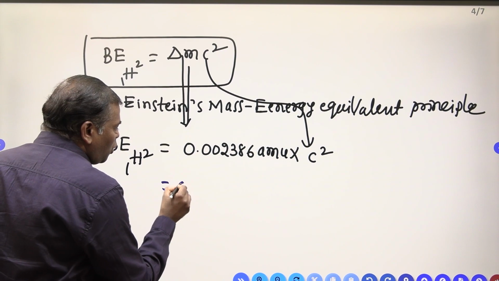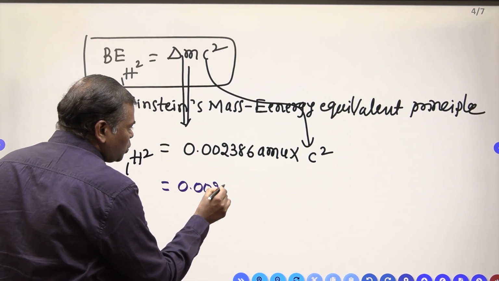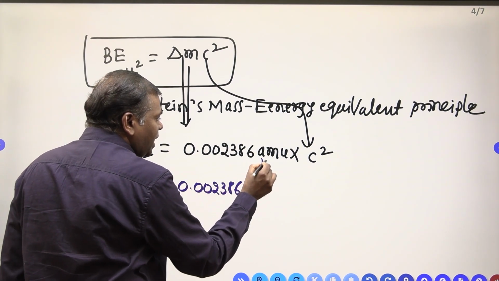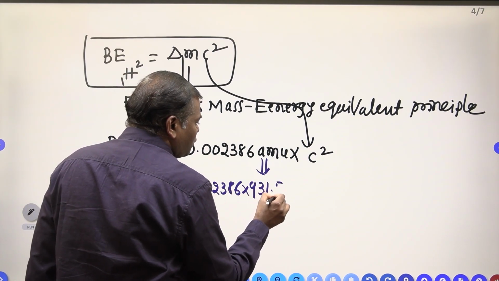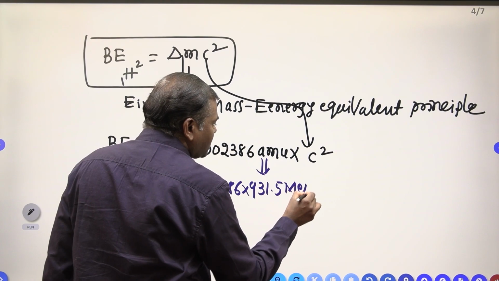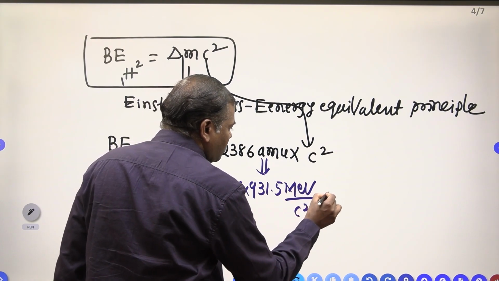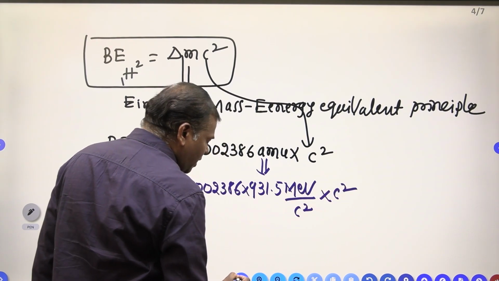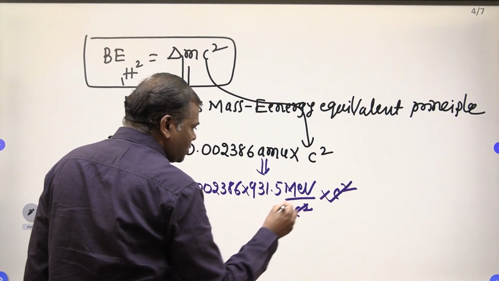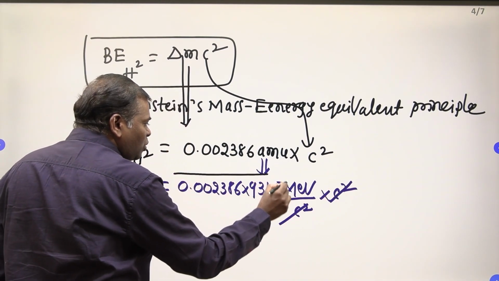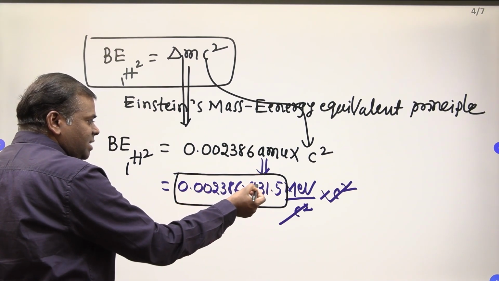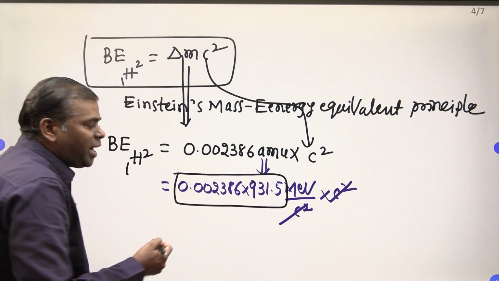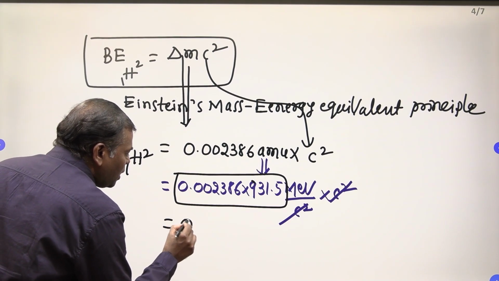Right? 0.002386, 1 AMU is equal to 931.5 mega electron volt divided by C square, into C square. You have to cancel C square into C square. You have to multiply 0.002386 into 931.5.